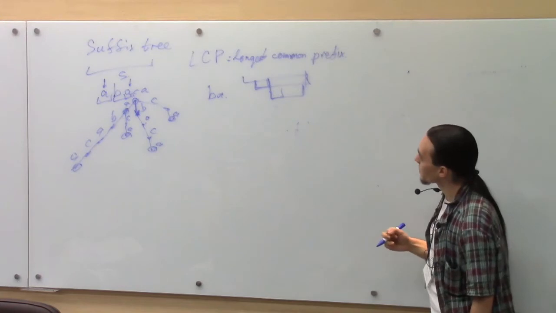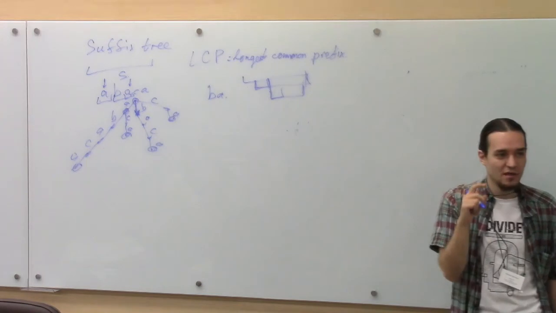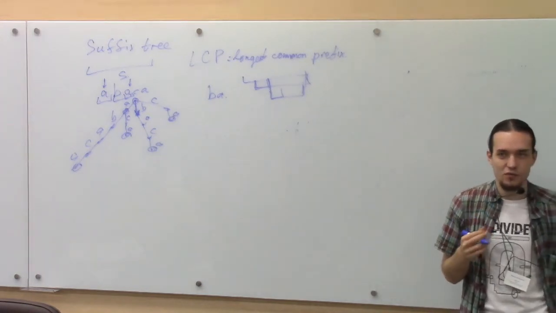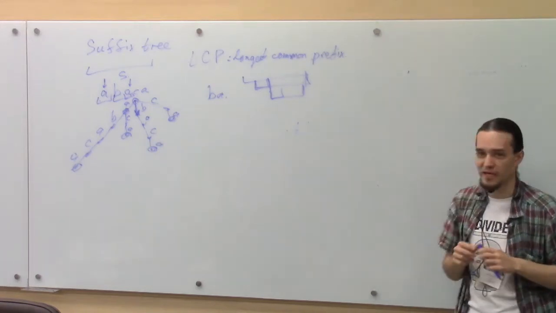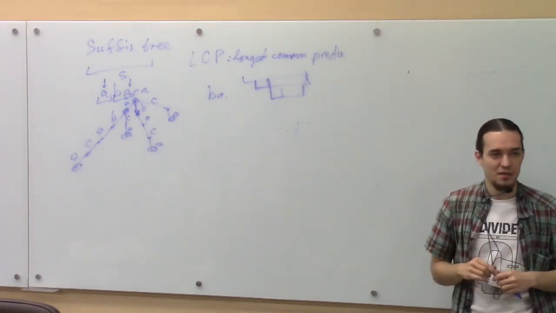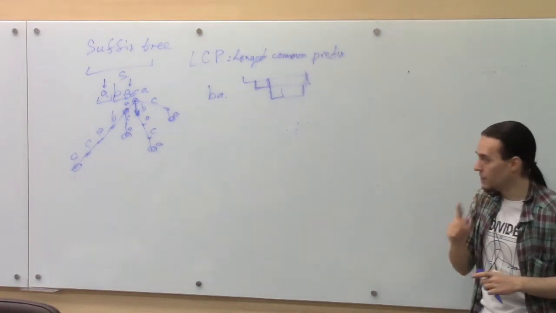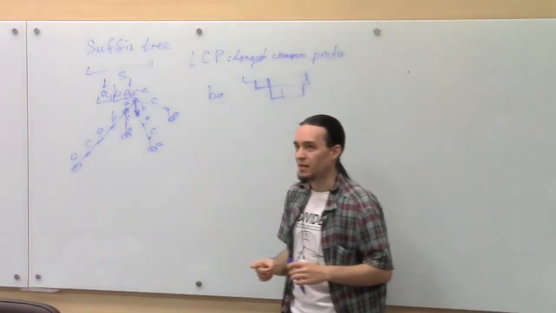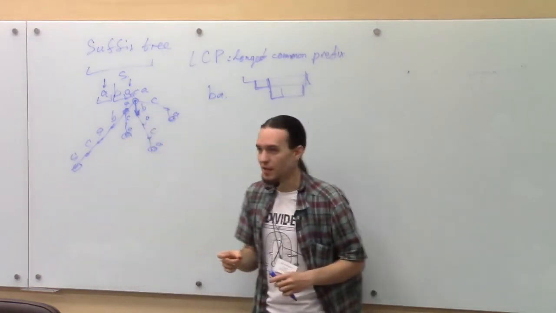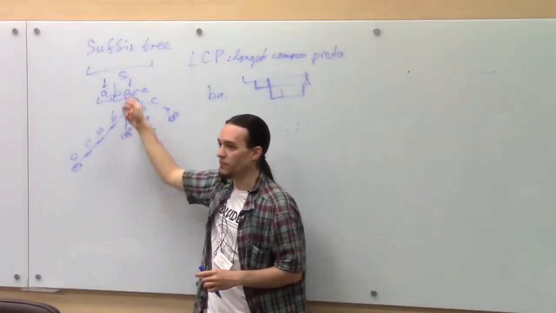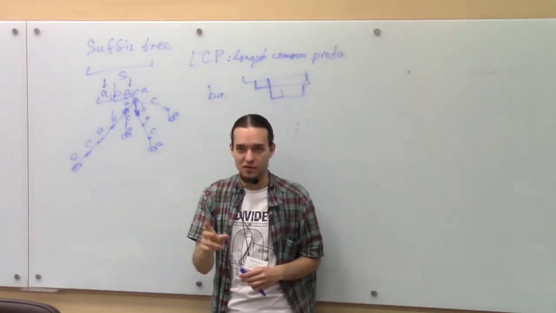Great. So how do we approach this problem if we have a suffix tree? Suppose that we have a lot of queries and we want to do that fast, and the string doesn't change. Yes, exactly. So since this is a tree, we consider these two suffixes. We consider the paths to them from the root, and then the longest common prefix is exactly the common part of this path.